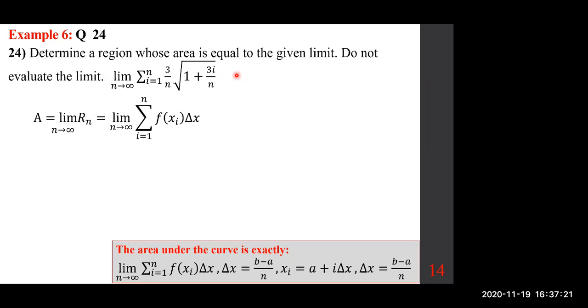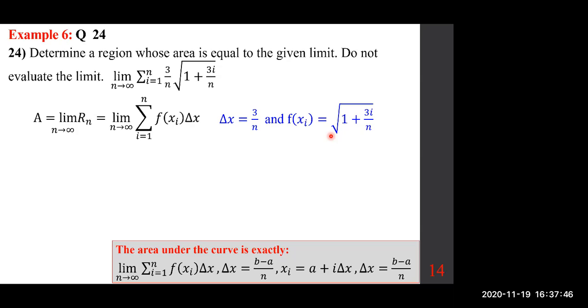We are comparing these two. Delta x seems to be this one, and this should be f of x of i. So this first piece is your delta x, which is b minus a over n. This is b minus a over n, and this is square root of 1 plus 3i over n, your f of x of i.